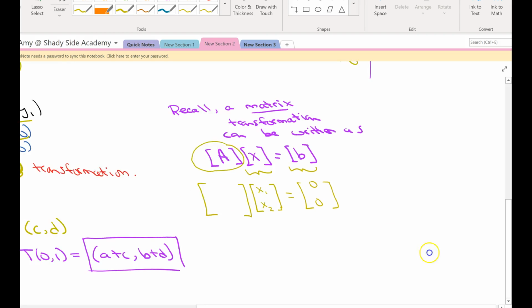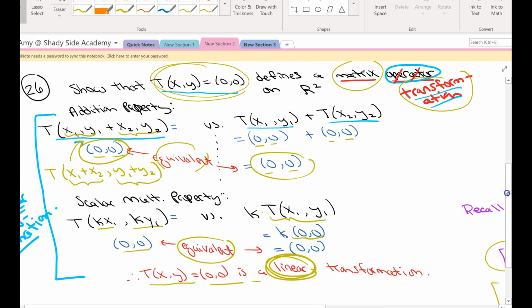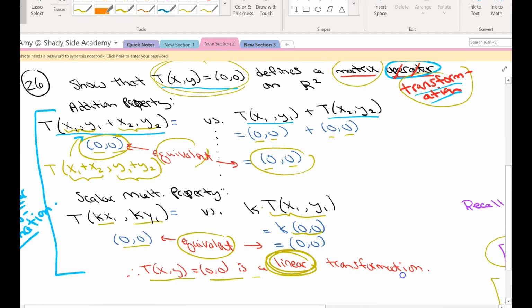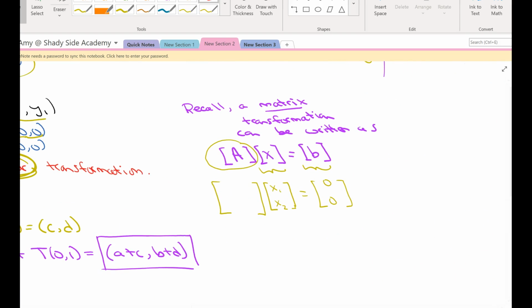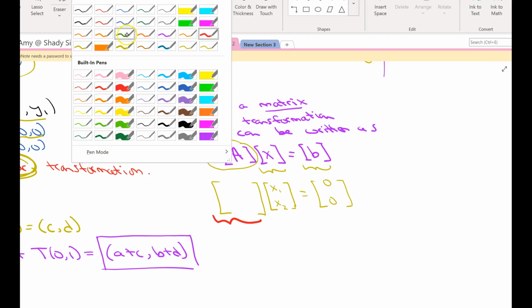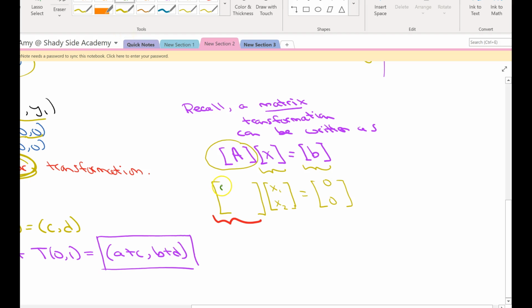So the question is, how do I show this transformation as a matrix transformation? And more specifically, what is the transformation matrix, right? Because A is the transformation matrix. Well, it's not really guess and check, but you probably see what the only possibility is. This is the only possibility.